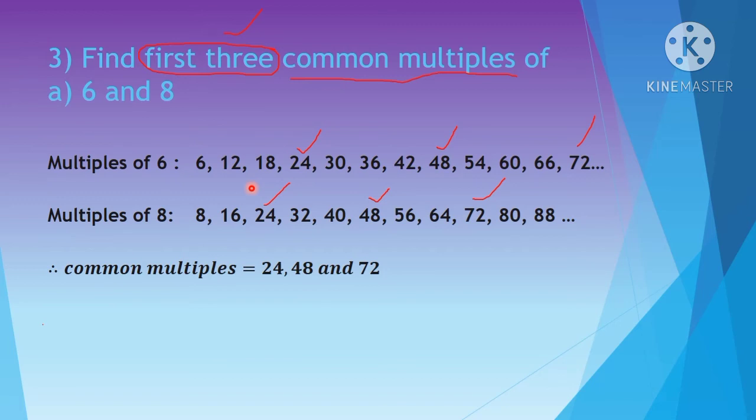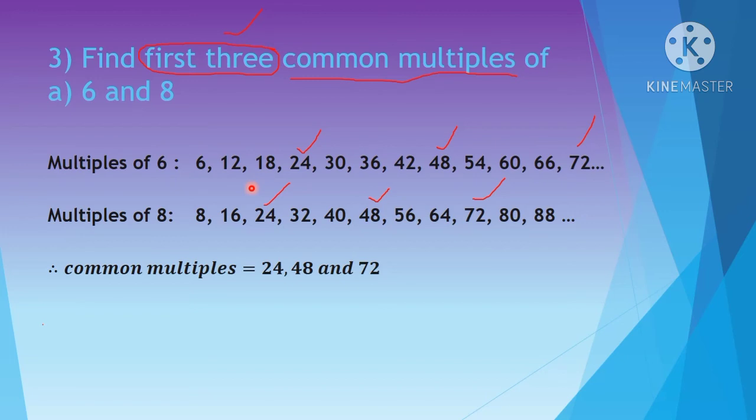If they're asking to write the common multiples of 2, write down the table for 2, then write down the next multiples, then find the common numbers. That will be easy. So here, find the first 3 common multiples. This is very important. They have mentioned here to find the first 3 common multiples.